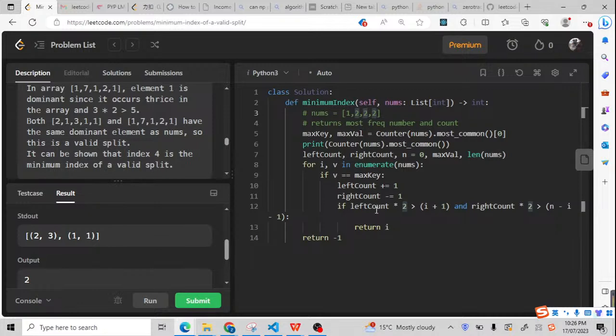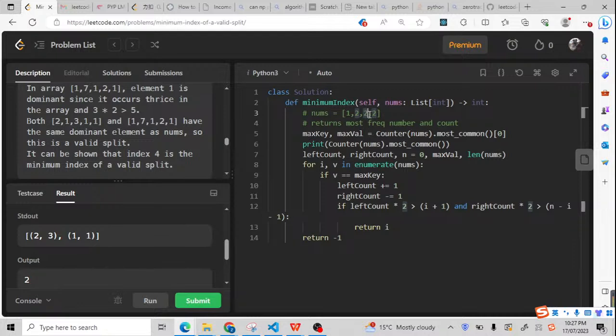Then I can directly use this formula. The left count times 2 is more than i plus 1. Here index i is 2, so 2 plus 1 is 3, which is the length of the left part of the array. Similarly, the right count times 2 should be more than n minus i minus 1. n is equal to 4, 4 minus i is 2, 2 minus 1 is 1.